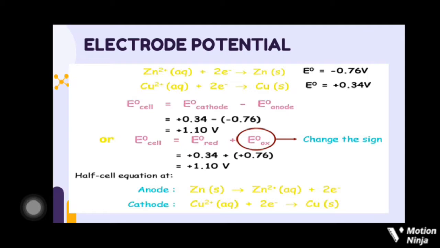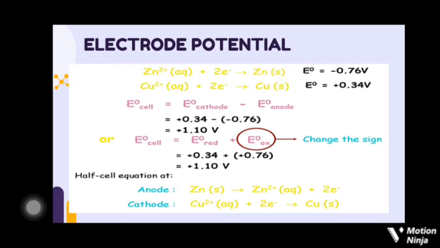You can also use the second formula, which is E note cell is equal to E note reduction plus E note oxidation. By using this formula, you need to change the sign right away. So, you need to substitute all the given numbers.